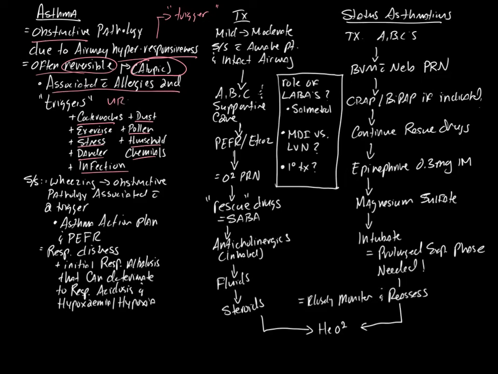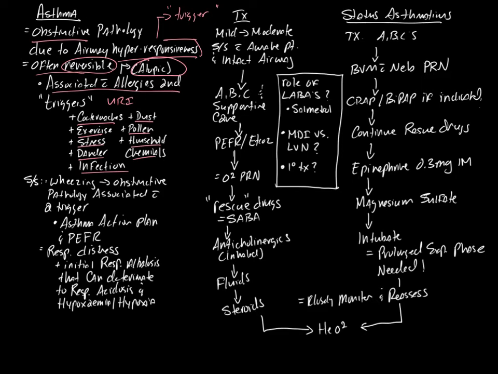An upper respiratory infection. And possibly even very hot, very cold air, very dry, or very moist air. Okay, so there are a whole variety of triggers. So the typical presentation of somebody with asthma is they had some sort of trigger, and then they developed this obstructive pathology due to the hyper-responsive airways.